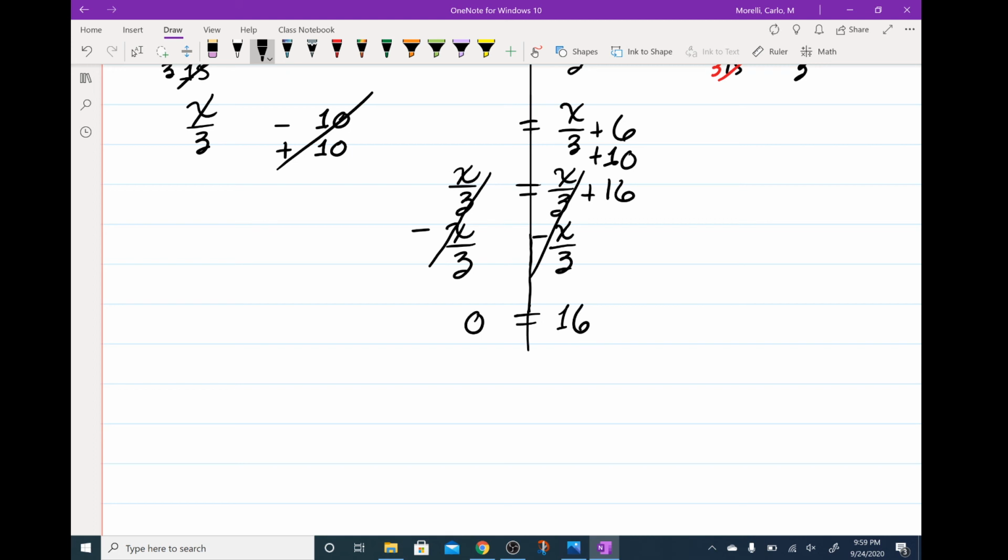Now, here's the question. Is this true? Does 0 equal 16? The answer is no. So what you write is, you write false equivalence, or just false.